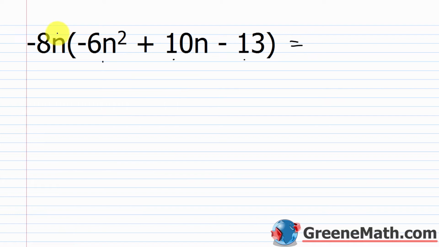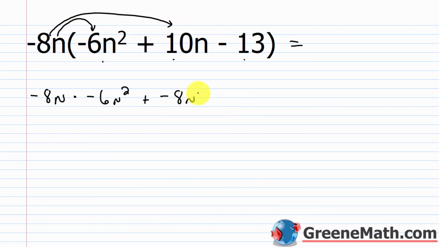And I'm just going to say, okay, negative 8n times negative 6n squared. Then plus, I'll have negative 8n times 10n. And then minus, I have negative 8n times 13.